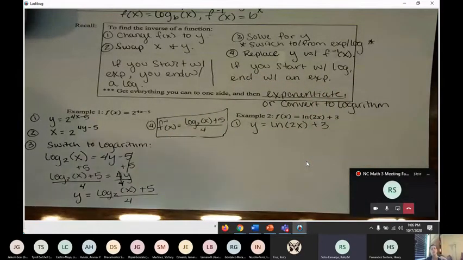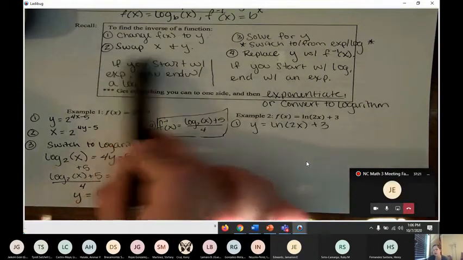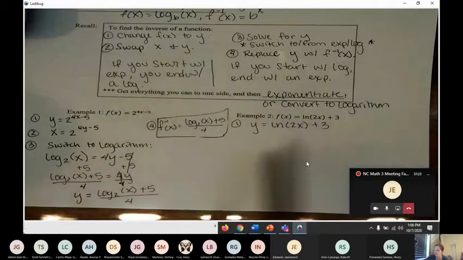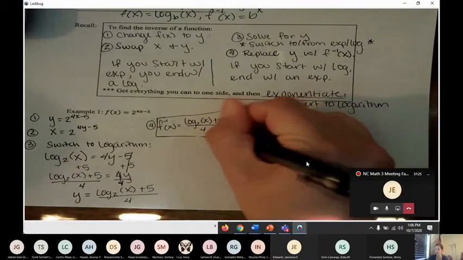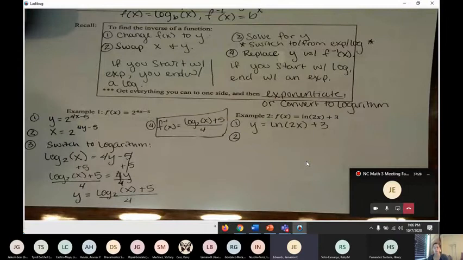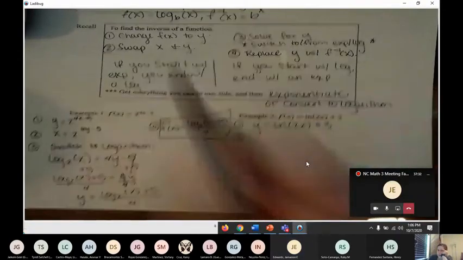All right, now, Jamorian, are you there? Yeah. All right, so read step 2 and then tell me what I'm going to write for step 2 here. It's swap x and y.